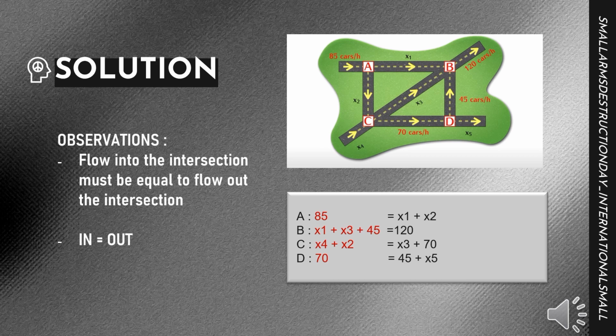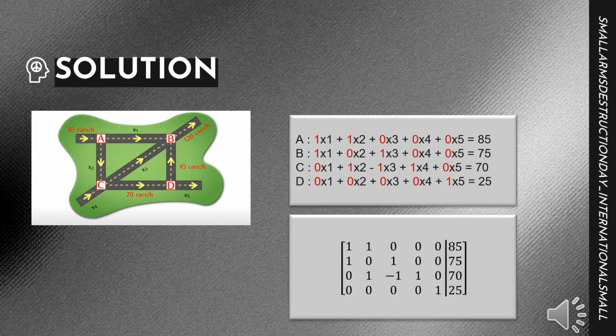We have two streets going out, which flow x1 and x2, and so the total flow out of the intersection is x1 plus x2. So, the equation is 85 equals x1 plus x2, and the same goes for intersections B, C, and D.